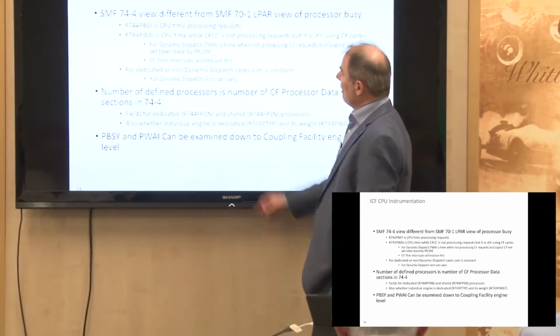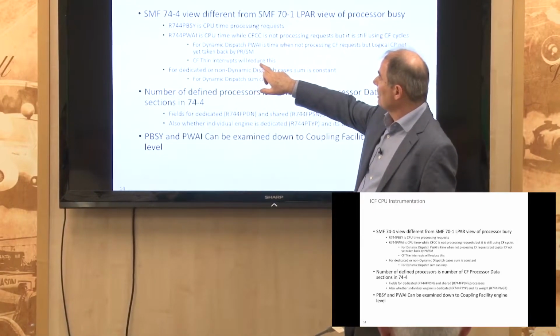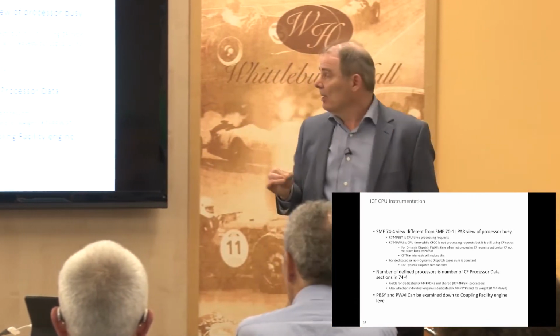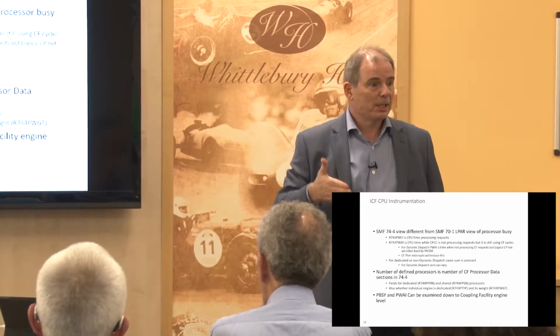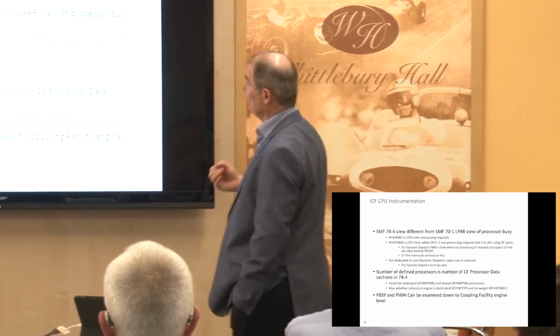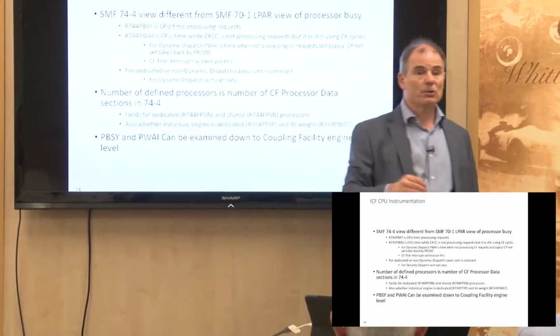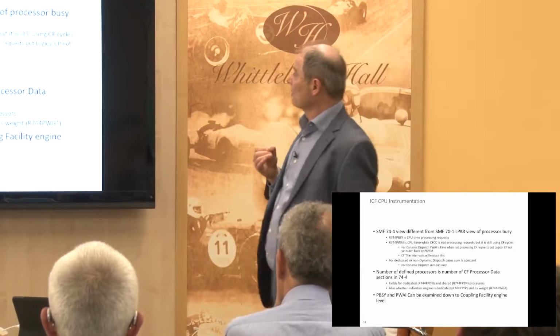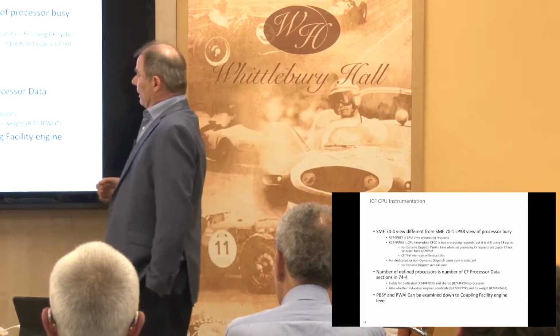Okay. Now, one thing to bear in mind is the whole point of thin interrupts is going to be to reduce that pWait time, which means you will be able to release the engine, because the pWait time is holding the engine, be able to release the engine to other sharers of the physical engine pool sooner. Okay.